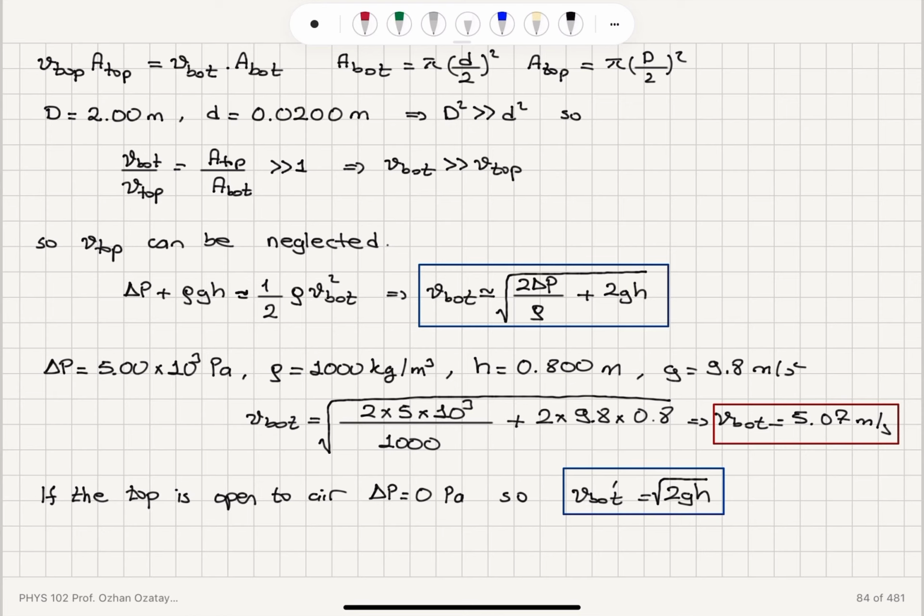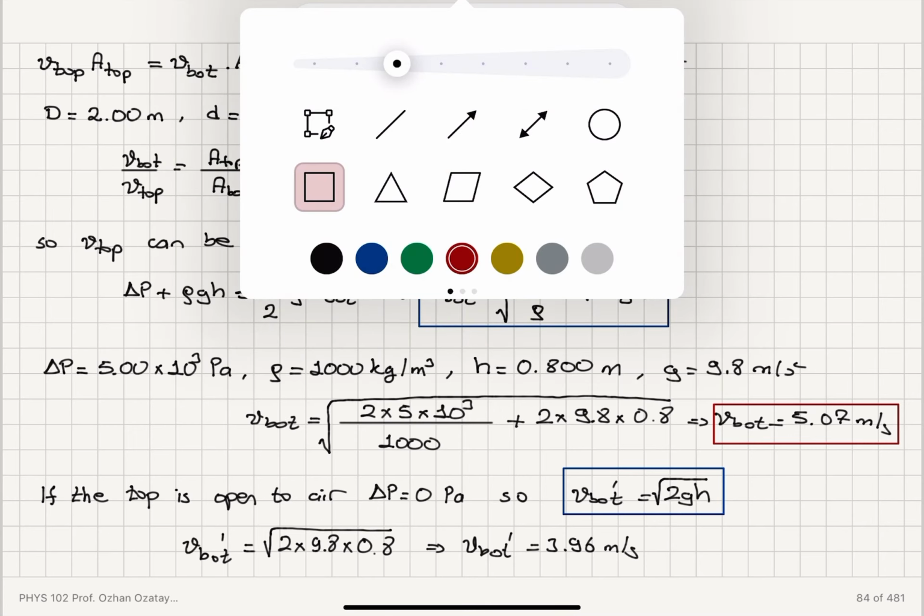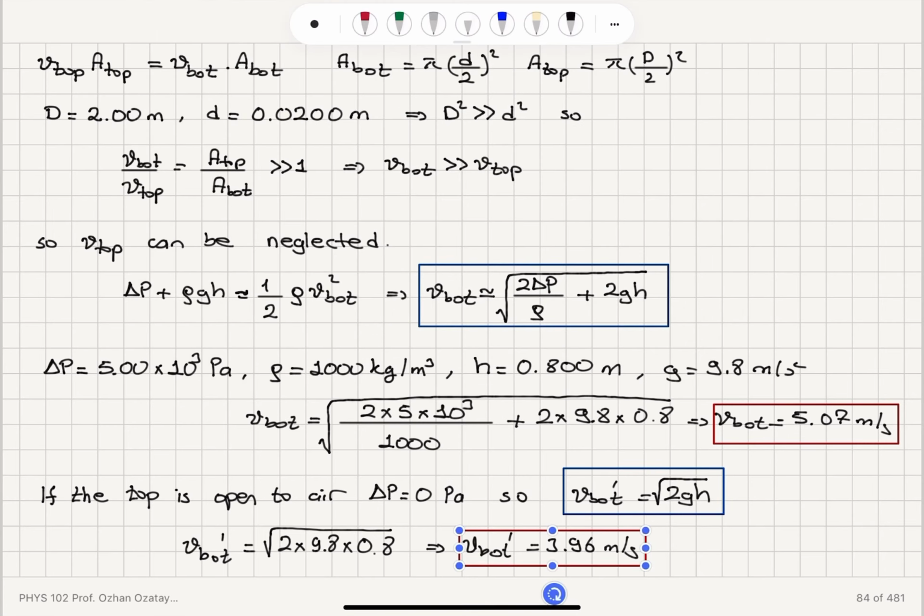If I substitute the numbers, V bottom prime will be the square root of 9.8 times 0.8, which gives 3.96 meters per second as my speed.